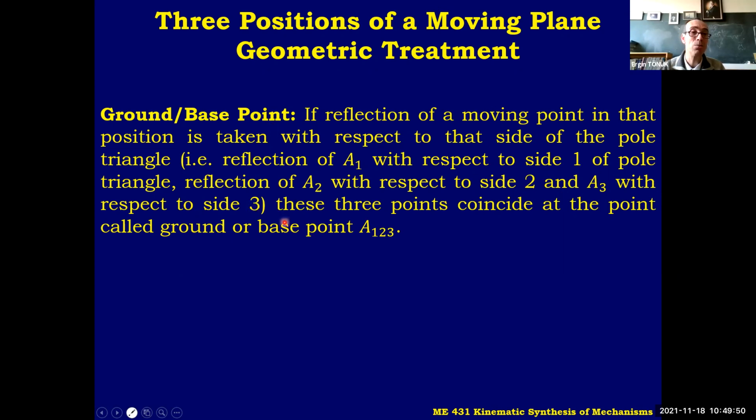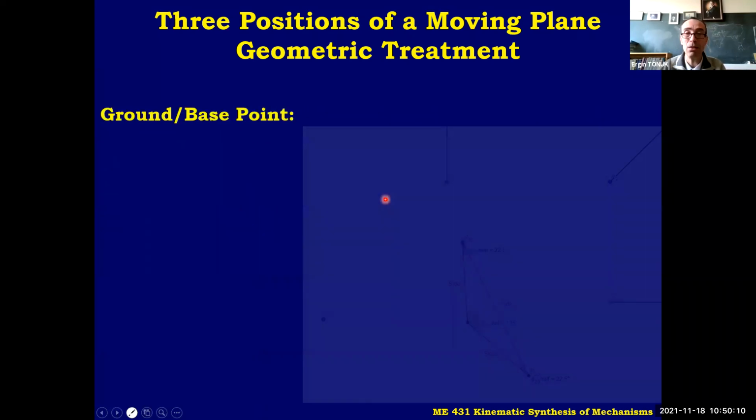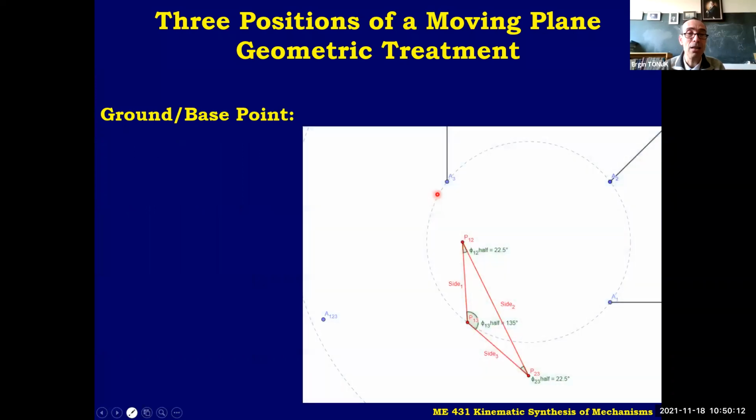This is the ground point, or base point, it's called A123. Okay? So if you like, that's a check for finding the poles correctly, numbering the pole triangle sides correctly, etc.